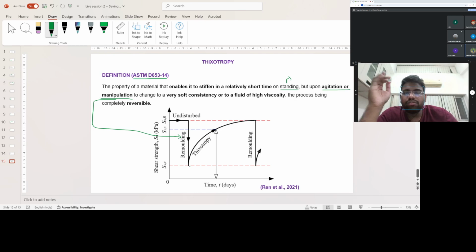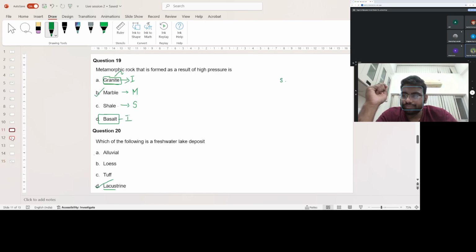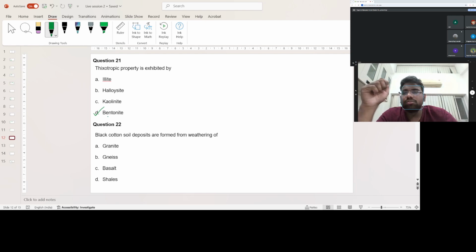If you leave that fluid undisturbed for some time, it will slowly regain its strength and achieve its original strength. There will be no hysteresis in strength. Again, when you remold it, it will lose its strength, and if you leave it, it will regain its strength. This is a typical property of bentonite, which favors various applications.